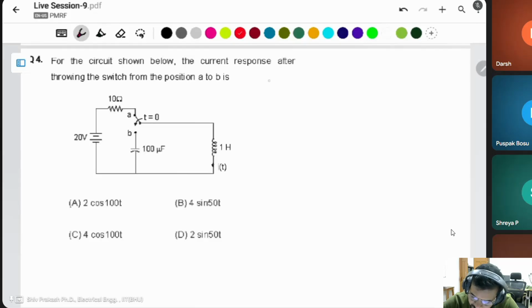First of all, simply apply the initial point: the circuit at t equal to 0 minus. At 0 minus, this circuit is closed in this case. This is a voltage source. What about the inductor? Same thing, the inductor will be a short circuit.